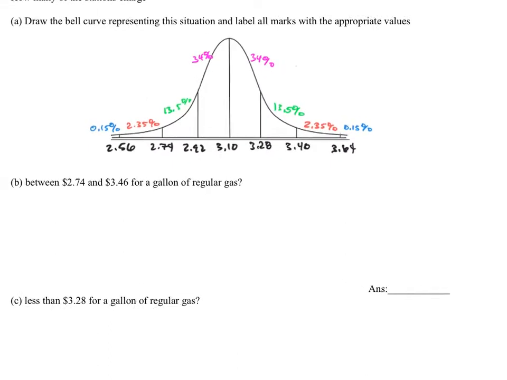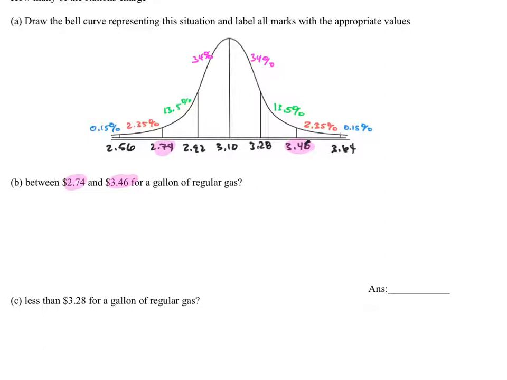So for instance, it says how many scored between, I'm going to use, how about the pink on this one, between $2.74 and $3.46. So here was where 3.46 was. Let me clean that up and make sure it looks like a 6. So the question is, how many scored between those? Well, all I have to do is add those percentages that I see.